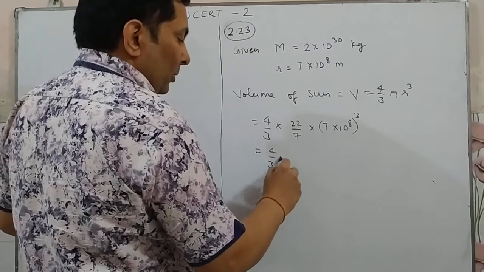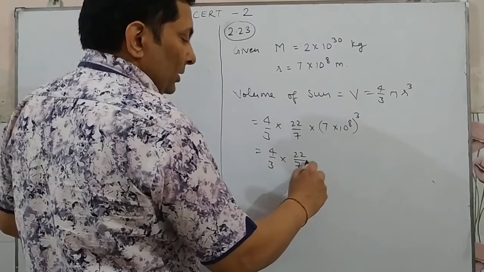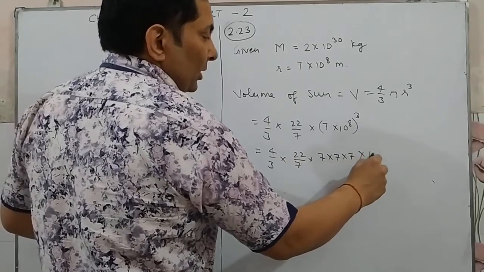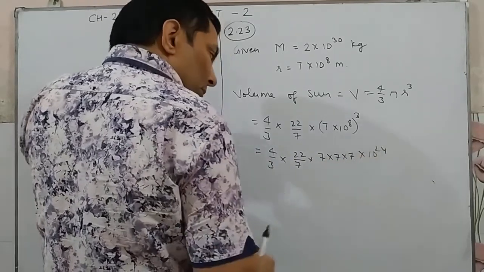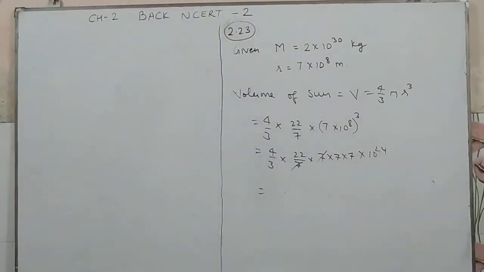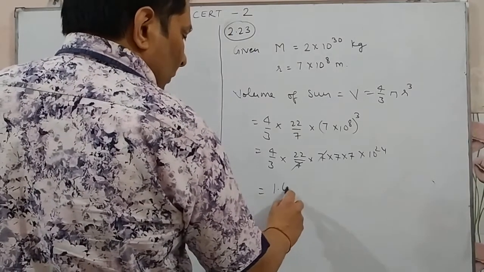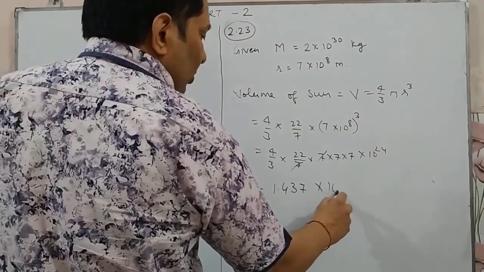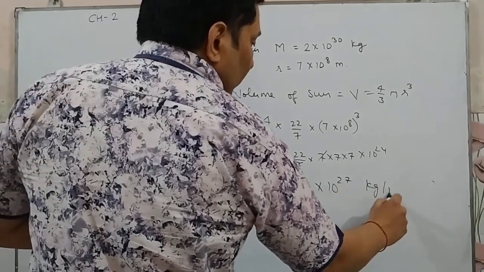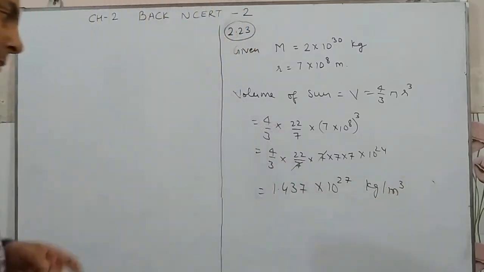This is 7 into 7 into 7, and 10 raised to power 24 is here. Cancel this, and the result comes out to be 1.437 into 10 raised to power 27 meter cube. Sorry, this is the volume of the Sun we have obtained, not the density.